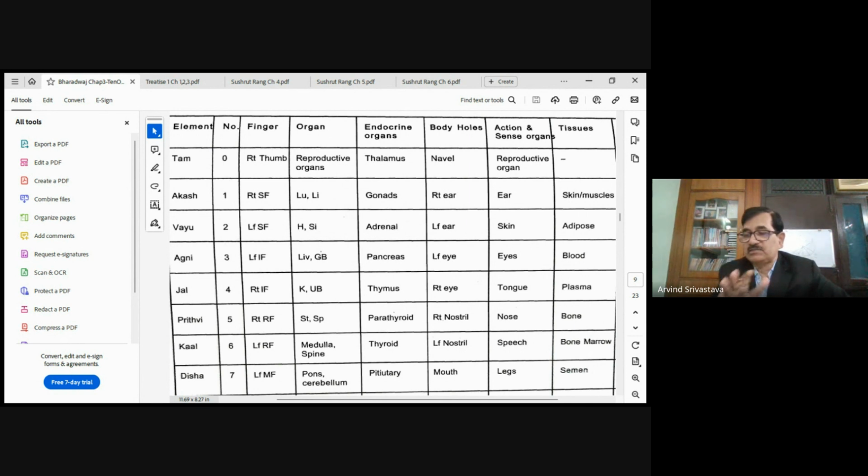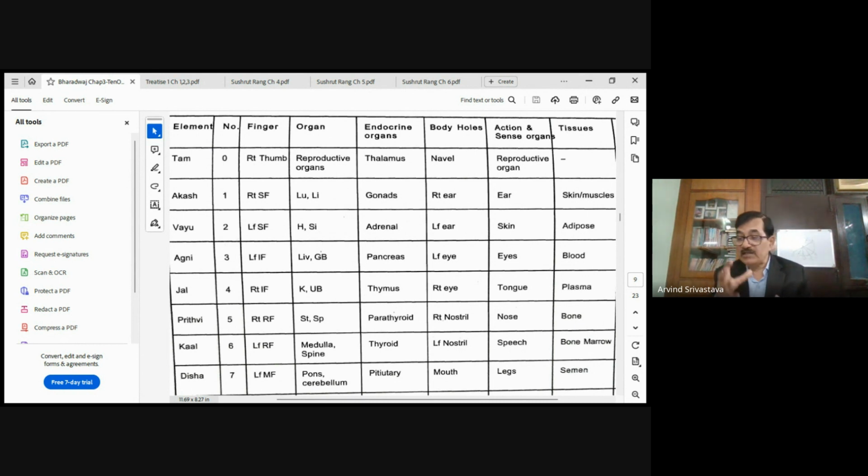Endocrine organs are creating and releasing hormones. One is very important, just like the nature of Vayu. They are involved in the situation of fight or flight. Suppose you see a danger before you, you have to decide whether to fight it or to run away.